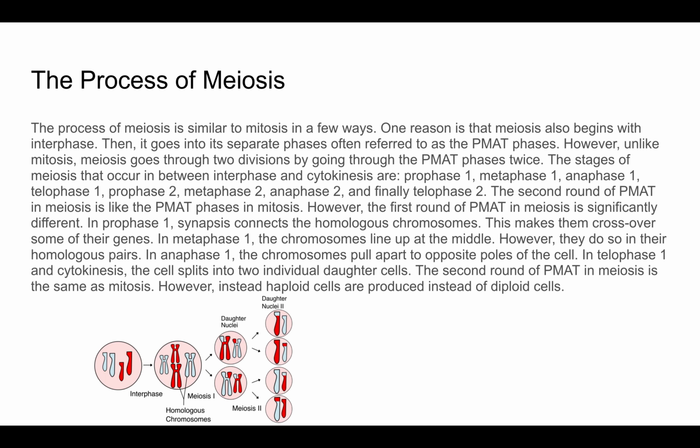And then in anaphase 1, the chromosomes pull apart to opposite poles of the cell, and in telophase 1 and cytokinesis, the cell splits into two individual daughter cells. And then the second round of PMAT in meiosis, as I said, is pretty much similar to mitosis. However, instead of diploid cells being produced, it's haploid cells.